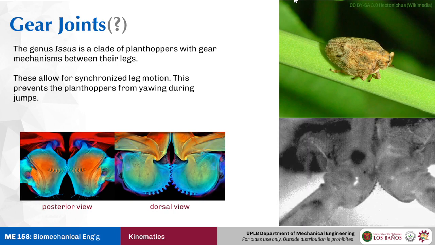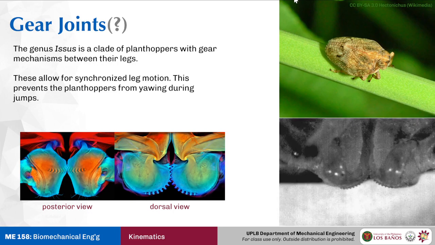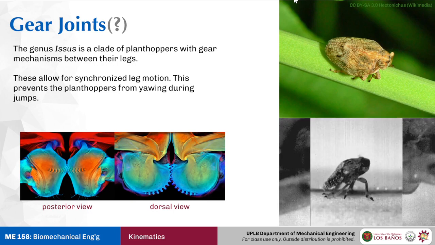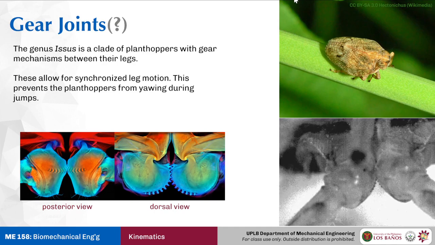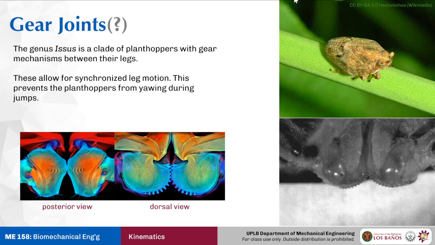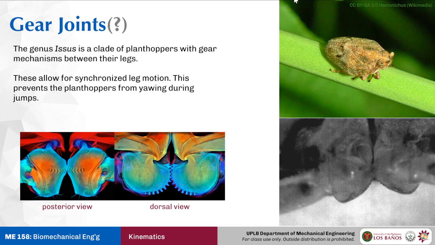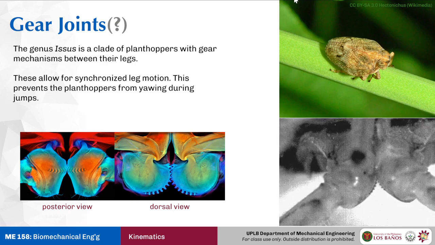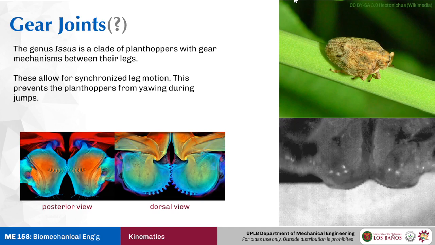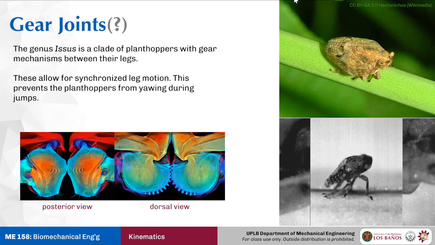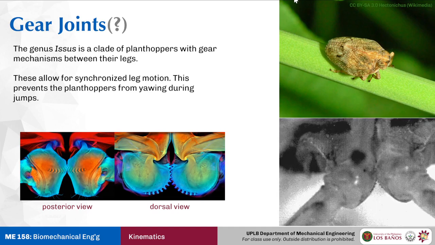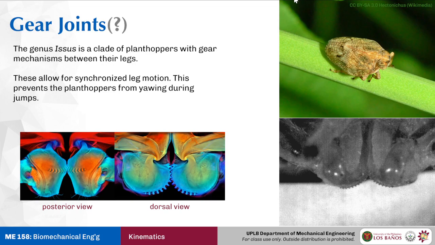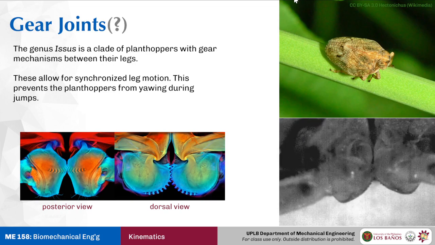So their legs have to be synchronized so that they jump stably. They don't just twist around like fleas. This genus got around that by putting teeth between the bases of their legs so that when they jump, their legs are always in sync.